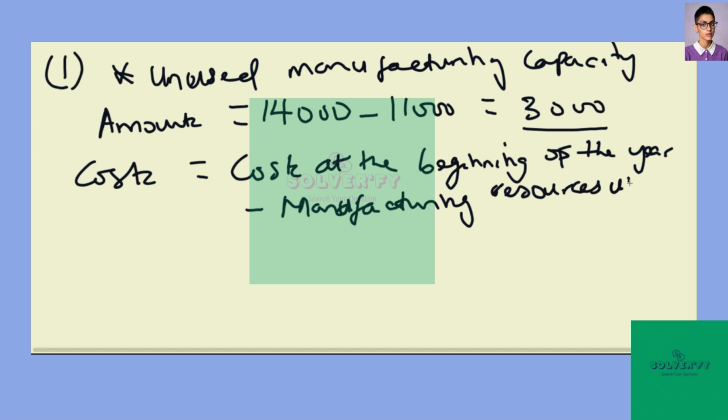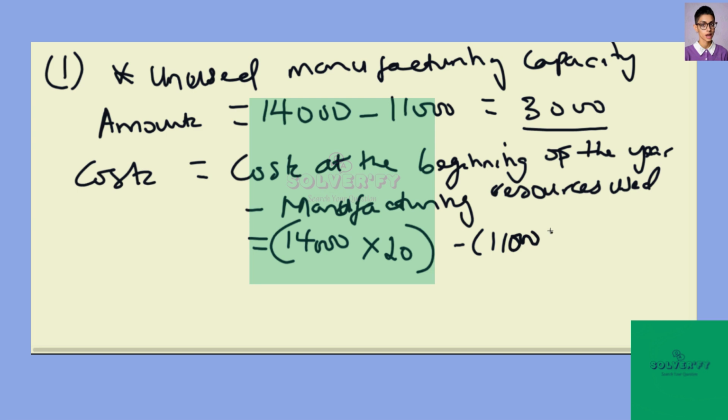And this is equal to 14,000 multiplied by $20 minus 11,000 multiplied by $20. So this is equal to $60,000. So this is the cost of unused manufacturing capacity.